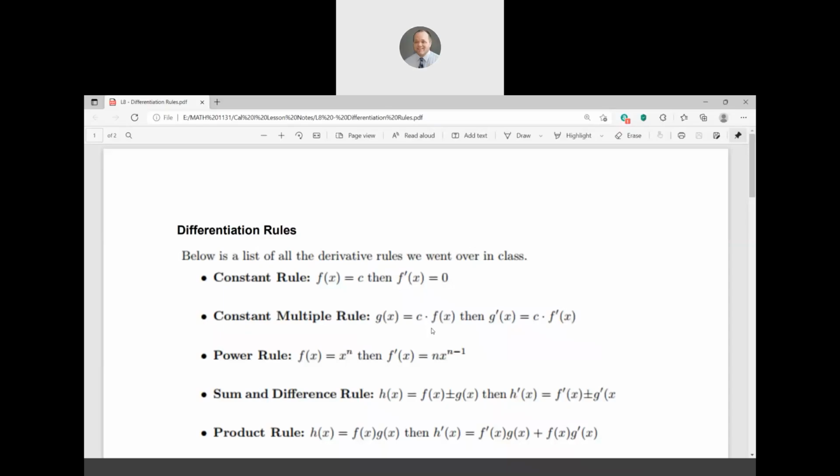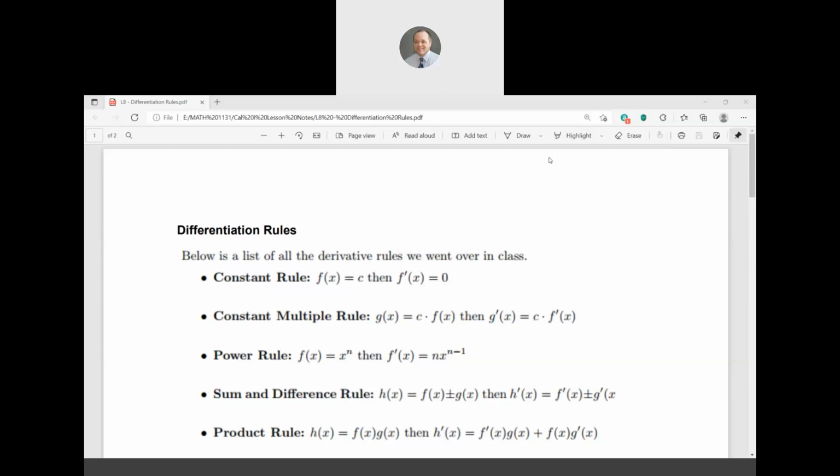We are doing lesson 8 today, and this is a continuation of talking about derivatives. In the last video, I talked about one way to get or define the derivative, or change in value, for a particular function.